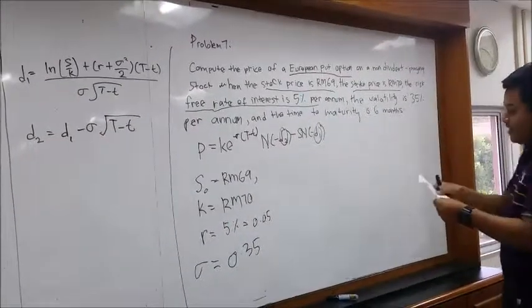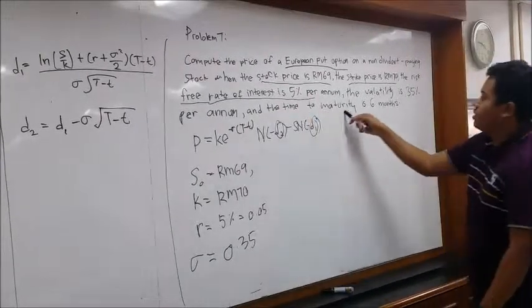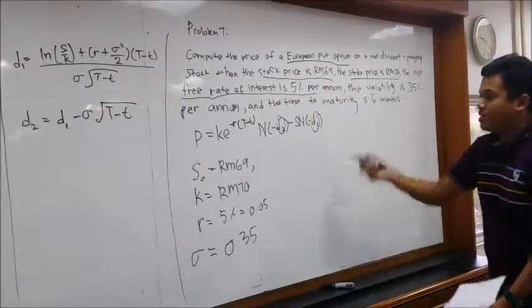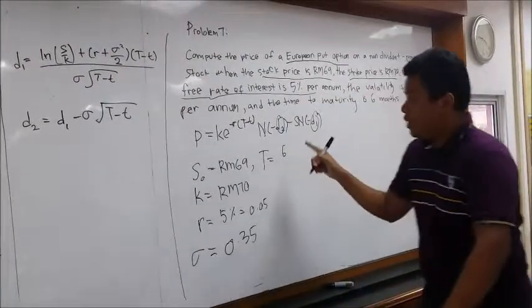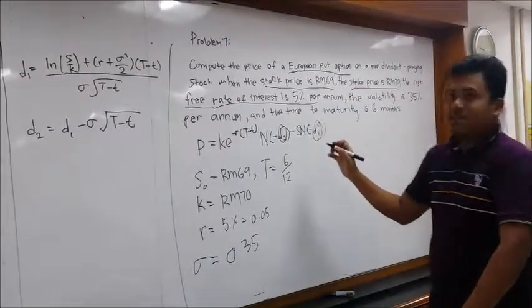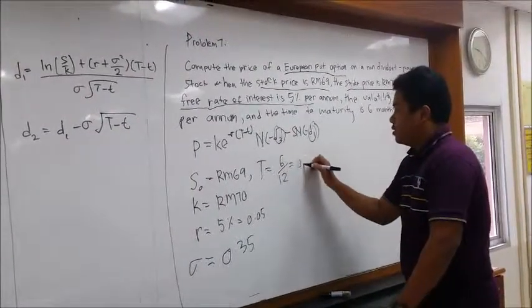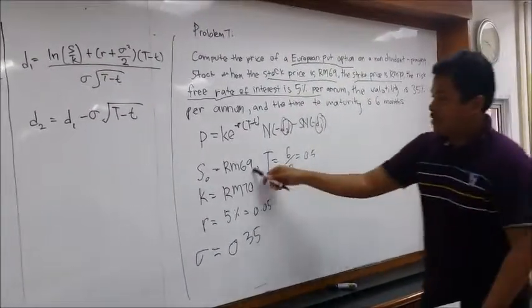And the time to maturity is 6 months. That one is the T, but we have to divide it by 12 since we want the answer in years, so 0.5.